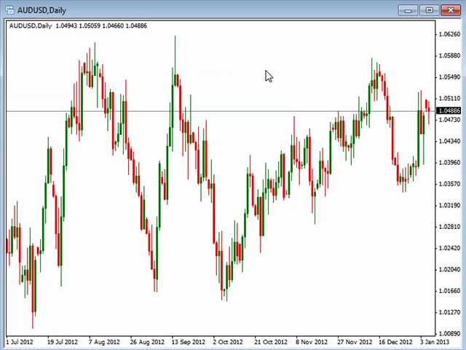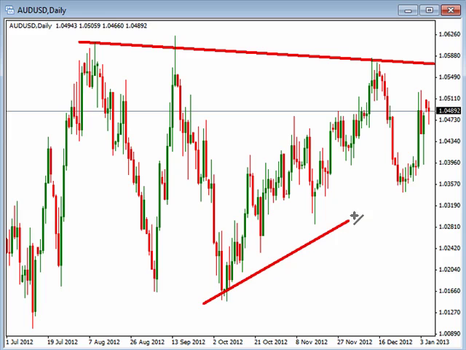The Aussie dollar, and you can see that we're a little more choppy here, but you can see a similar type of pattern where we have some resistance and some support feeding into this triangle formation. At some point it's going to break out of that. We don't know when, we just know that at some point it's likely to do that.